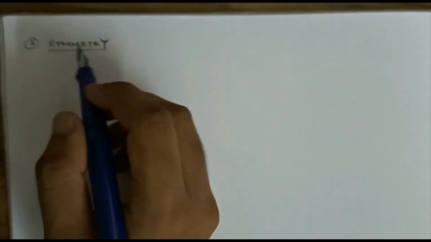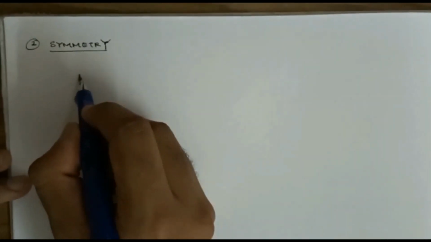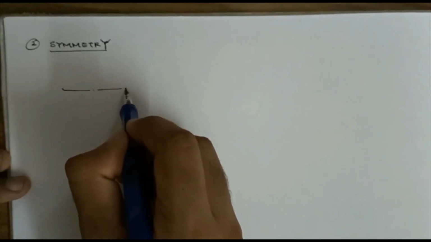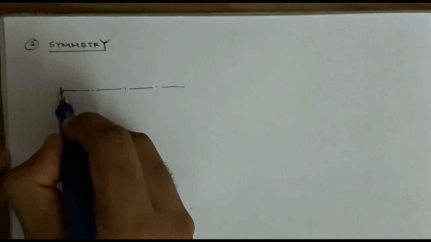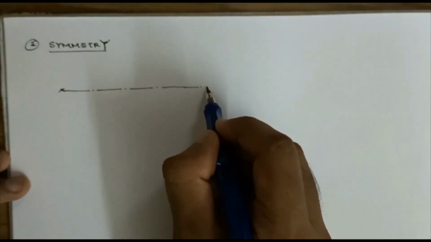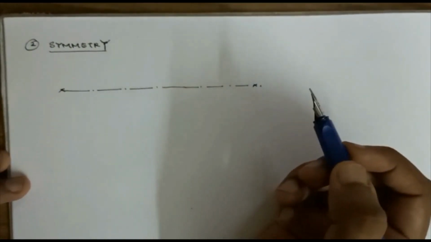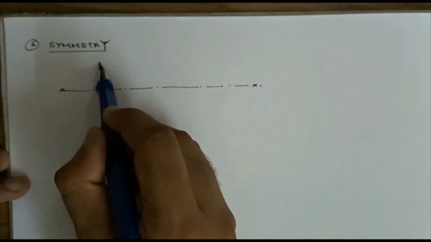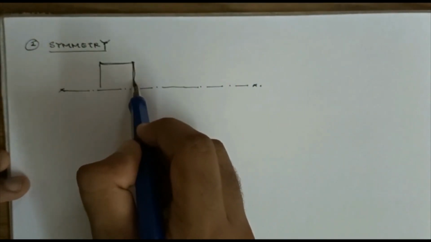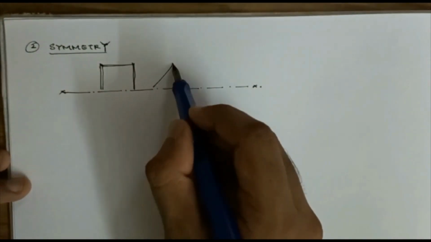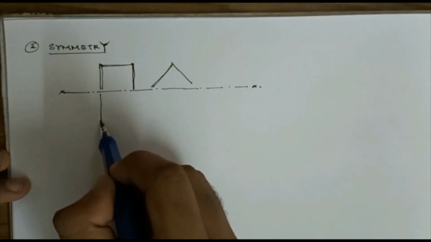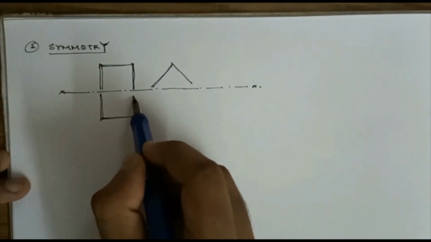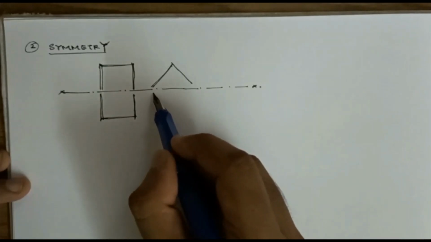We have already seen it in the axis example. Consider there is an axis. Consider 2 points, and I am drawing an imaginary line which is the axis, and I am drawing some forms on either side of it. Then this composition is what we call a symmetrical composition.